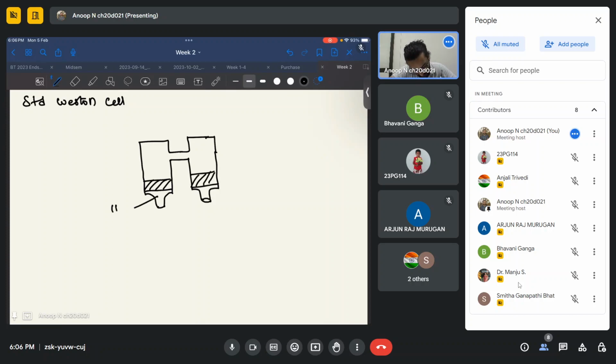Here we have liquid mercury. Here we have a platinum wire, Pt. Here also we have a platinum wire. This is negative, this is positive.